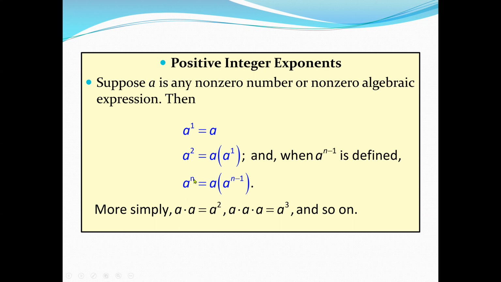So a raised to the power n is the same as writing a times a to the power n minus 1. Or we can also say a times a raised to the power n minus 2, because we have 2 a's out. So in a very simple way, we can say a times a is the same as a squared. Then a times a times a is the same as a cubed, and so on.